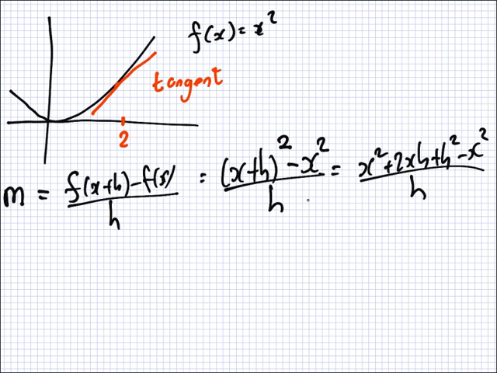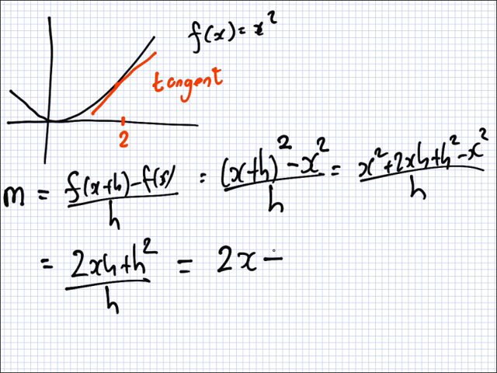Yeah? But what cancels on the top? So I have 2xh plus h squared over h. Yeah? But what now can I cancel? h. So I'm left with 2x plus h.